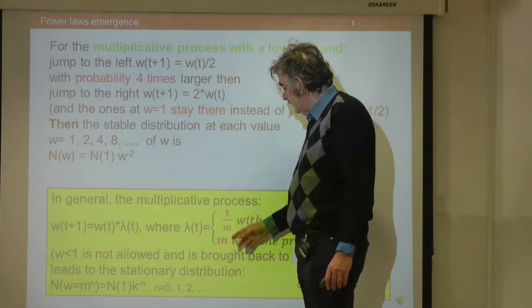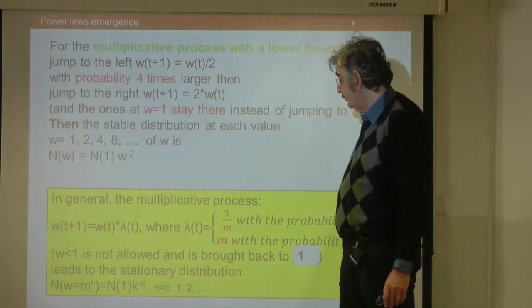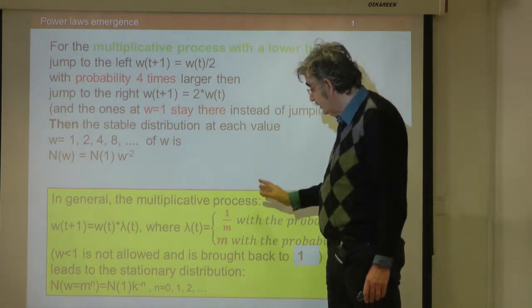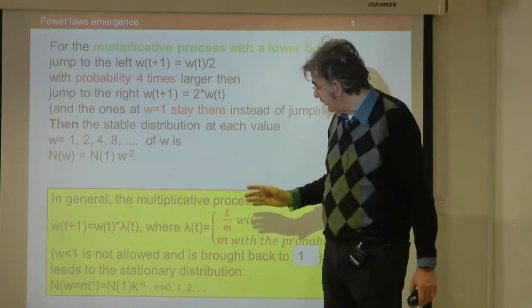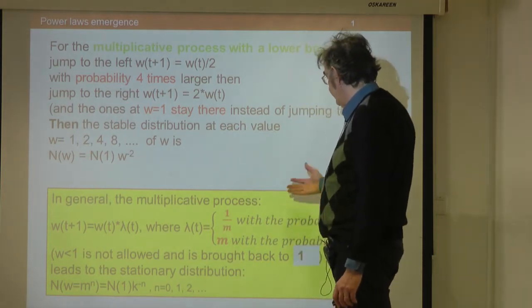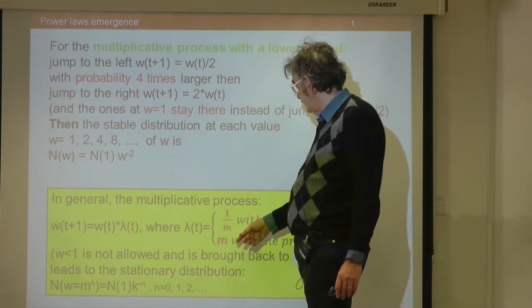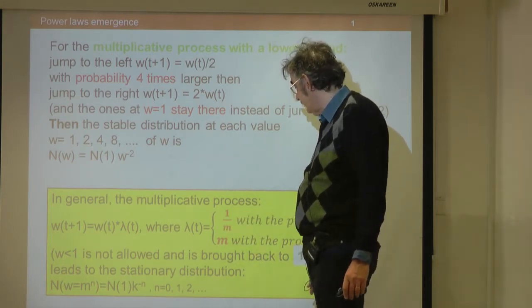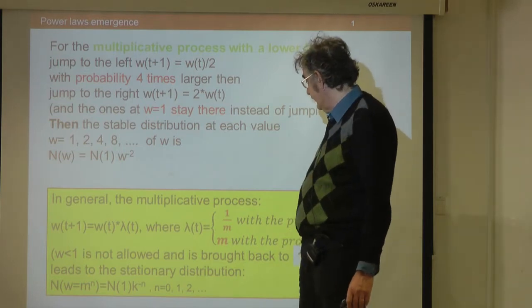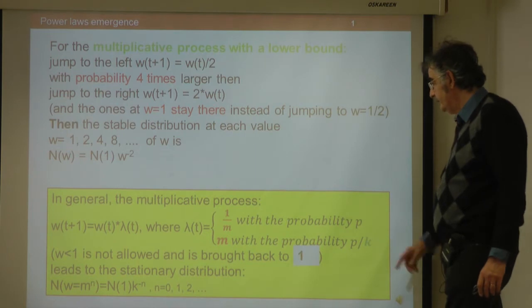I'm just taking two possibilities, because this allows me to make the computations very, very simple without integrals and differentials and nothing like that. So a more general situation would be that I multiplied with m or 1 over m, and that the relative probability between them would be a factor of k.